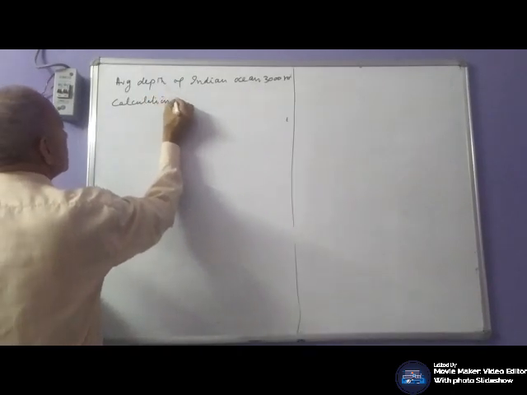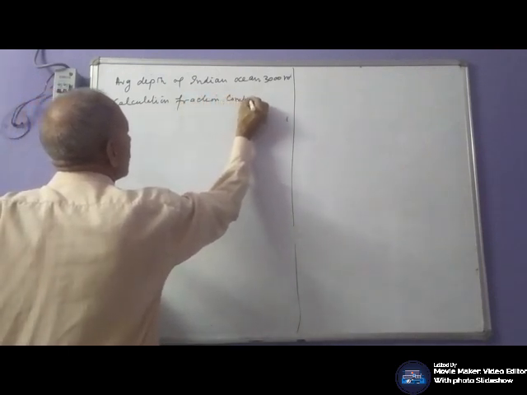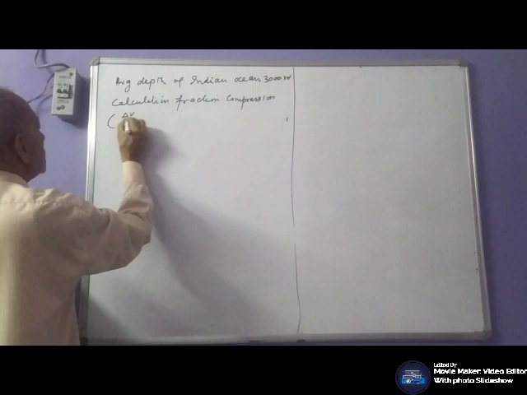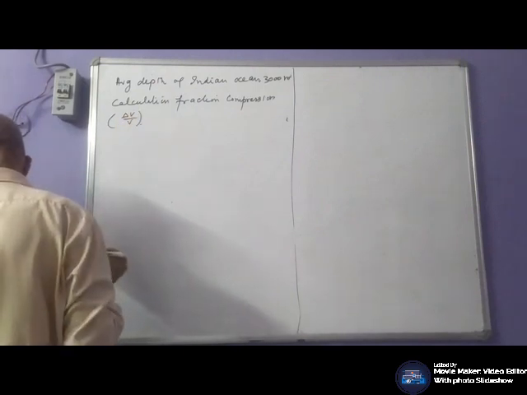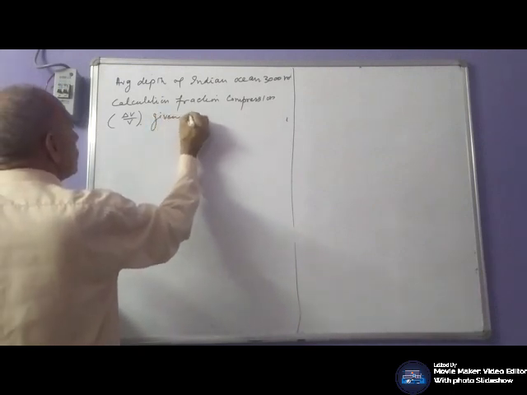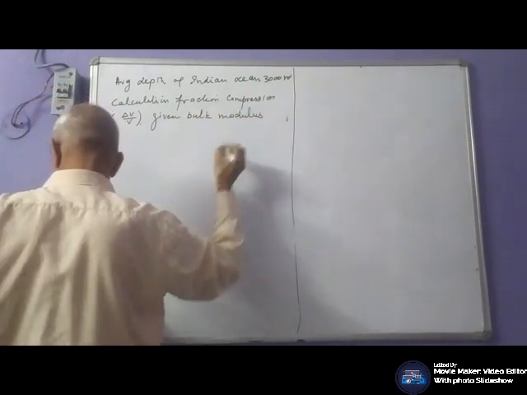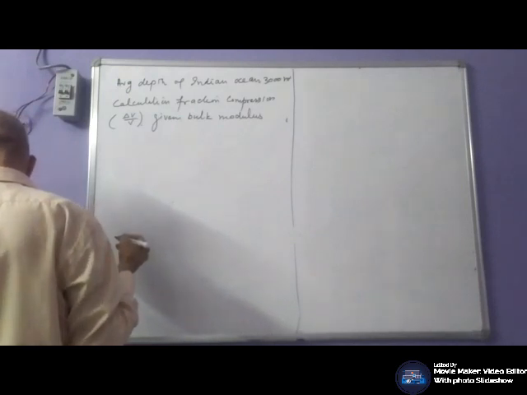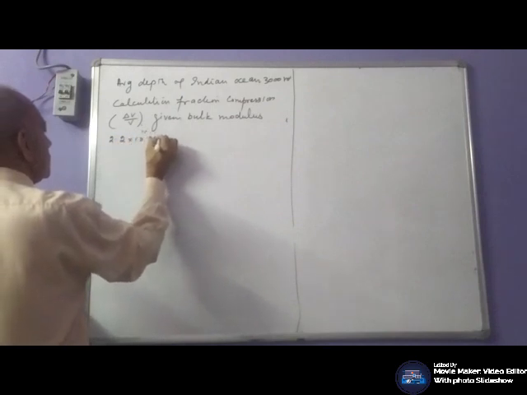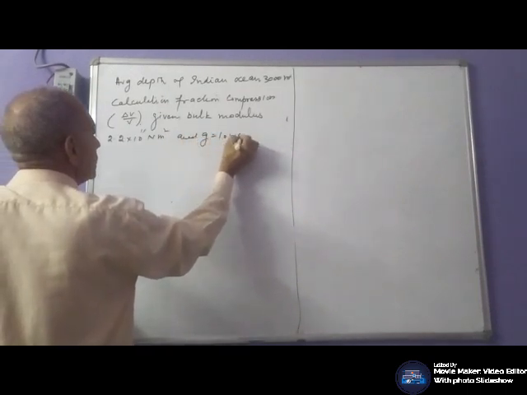Calculate fraction of compression, given bulk modulus 2.2 × 10^11 Newton per meter square, and g is 10 meter per second square.